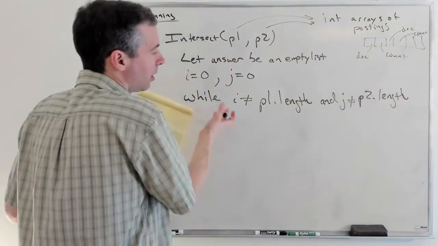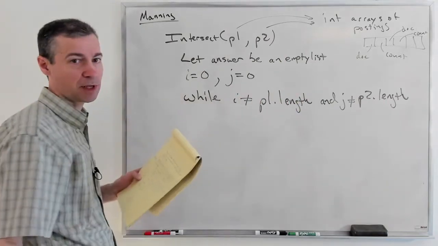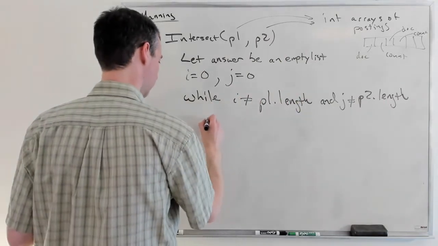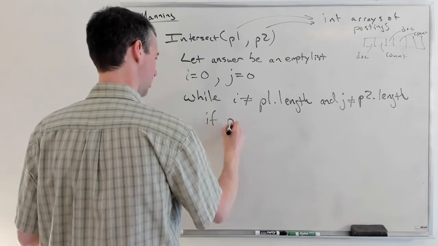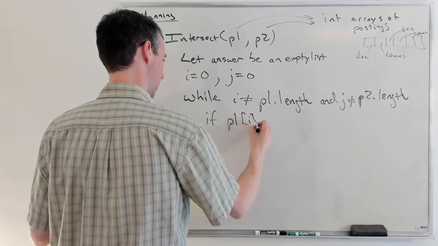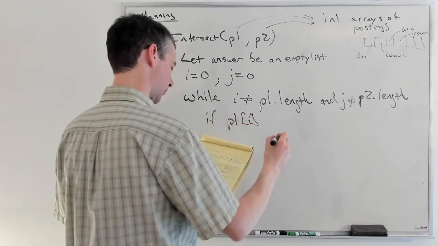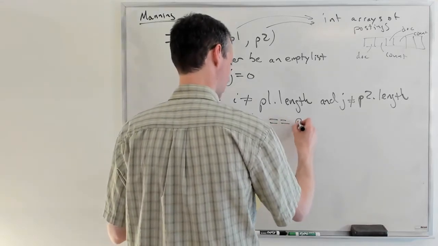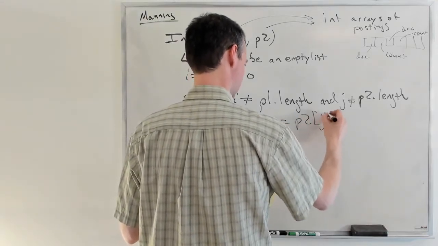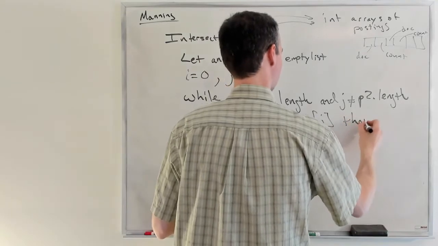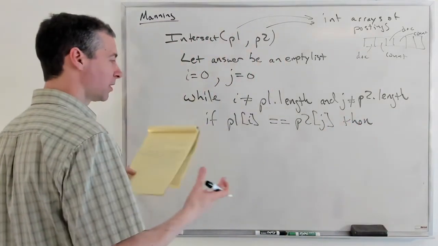Basically, we're going to run this until one of them hits the end of their list. If P1 of i is equal to P2 of j, then we know that they're in both lists.